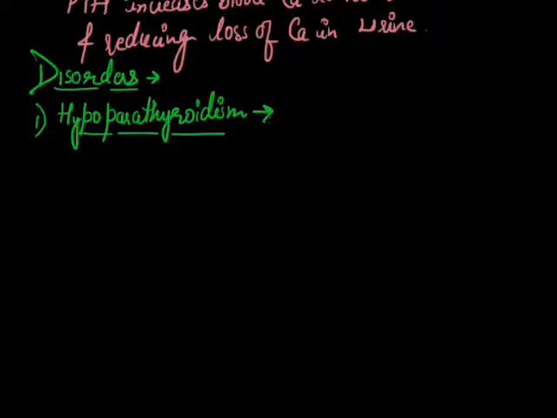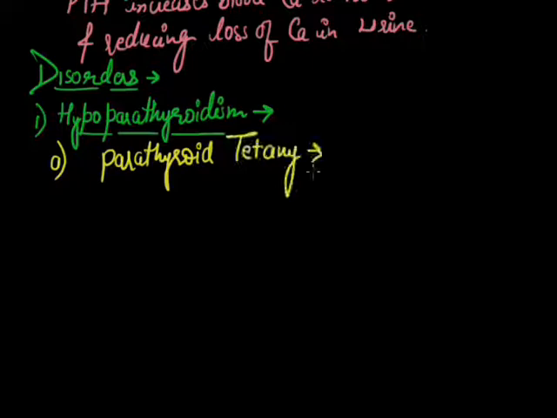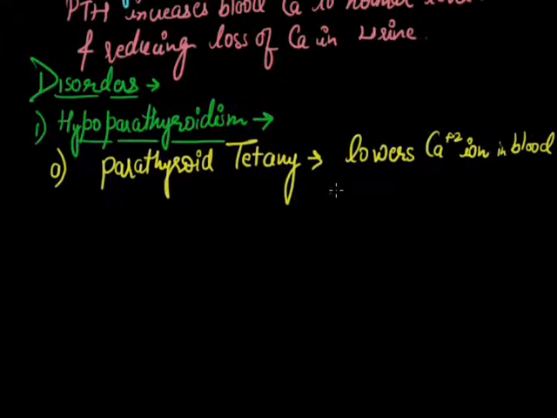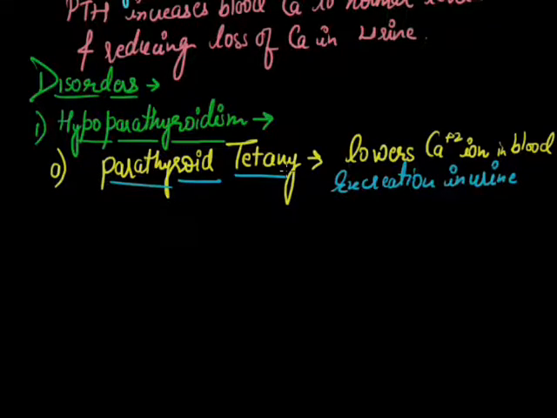In this, the first disease we will discuss is parathyroid tetany. In this, blood calcium ion is lowered due to loss in urine. Thus, there is a deficiency or lower calcium ion in blood.